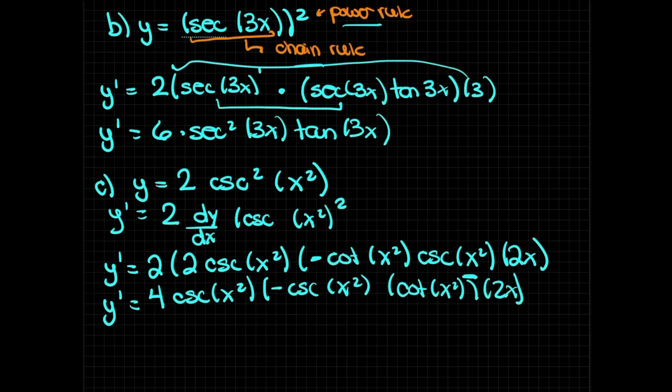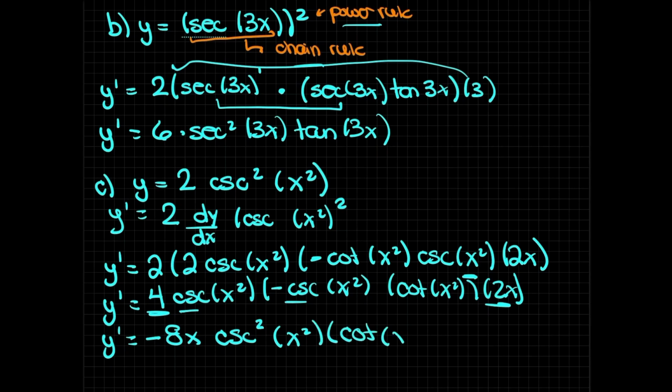A further simplification of that leaves me with a derivative of negative 8x cosecant squared x squared, right? I've got my cosecant times my cosecant. We've brought the negative out in front, and then that's all times cotan x squared.